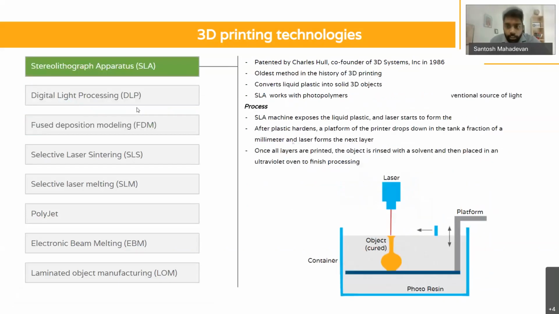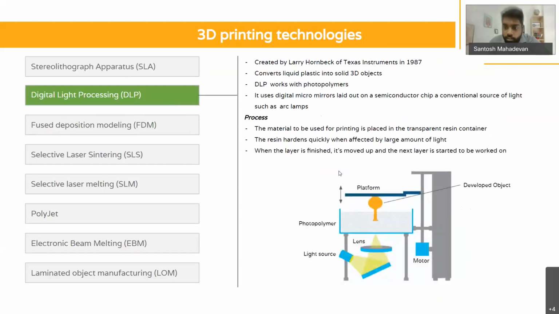Let me just go back to SLA. In SLA, the laser is required to draw the perimeter of the cross section as well as fill that cross section. But in the case of DLP, it simply projects a black and white image of the cross section. It's an image with a black background, and the cross section is in white.